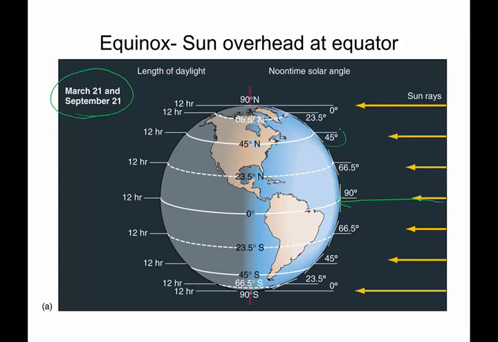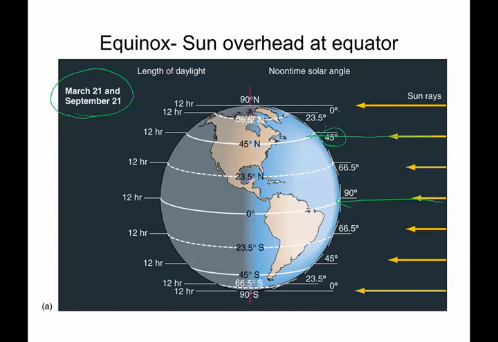Those of us who are around 45 degrees latitude, further up the side of the ball, if we take those sun's rays and we bring them next to planet Earth, you're going to see that it's not exactly straight up and down. There is a little bit of an angle involved there, but that's going to be closest to straight up and down for those of us who live at any latitude except for the equator.